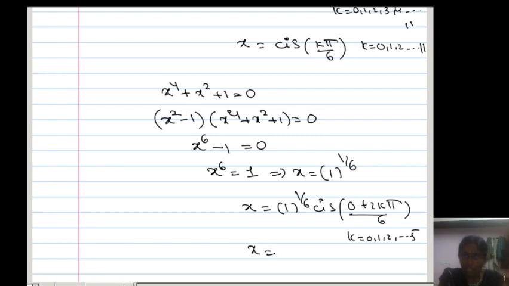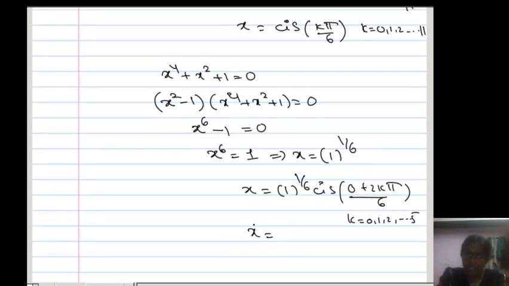So x is equal to what? x is equal to cis of 2kπ by 6, which can be written as kπ by 3, where k is equal to 0, 1, 2 up to 5.